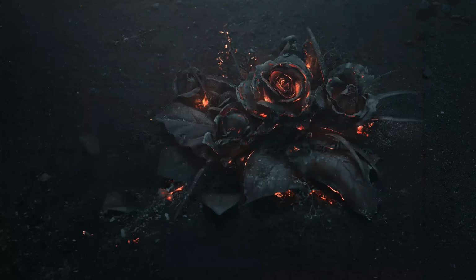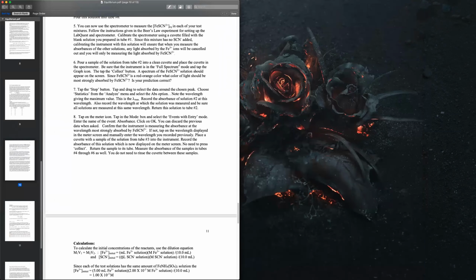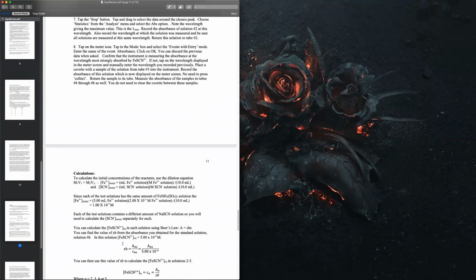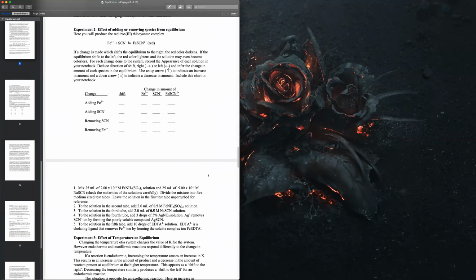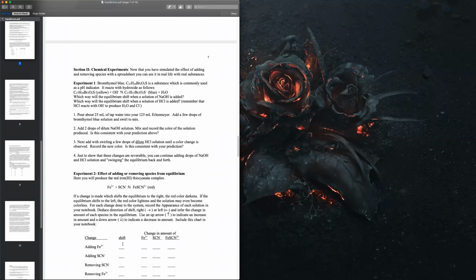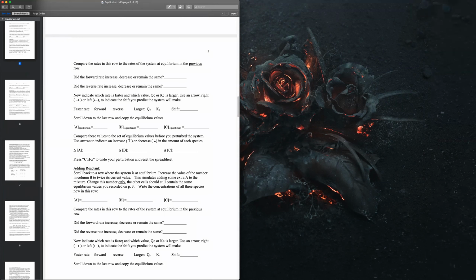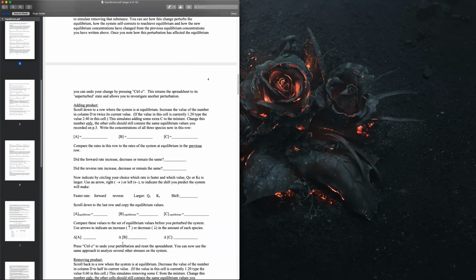Now, wait a second. The next lab report we did was this equilibrium. We can just take a look through. Just tell me when to scroll down, and I'll set it up. And then we can go through the results together. Start with what exactly is your question. Are these your questions?